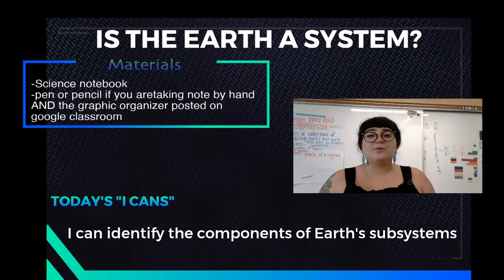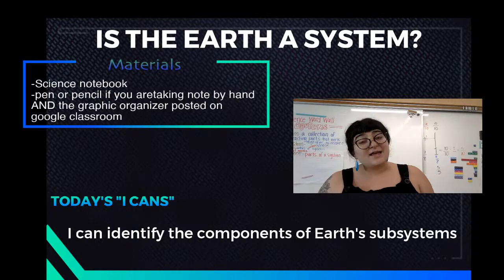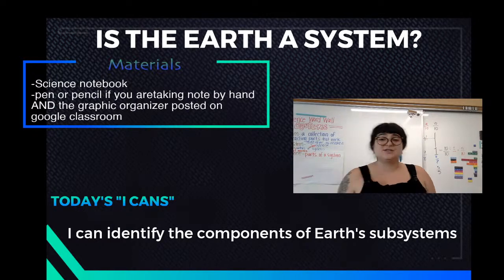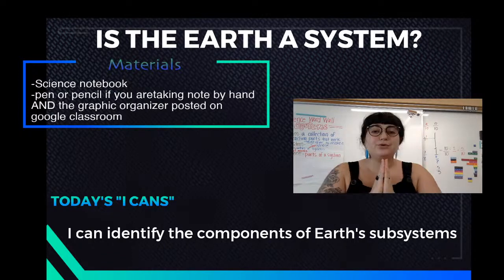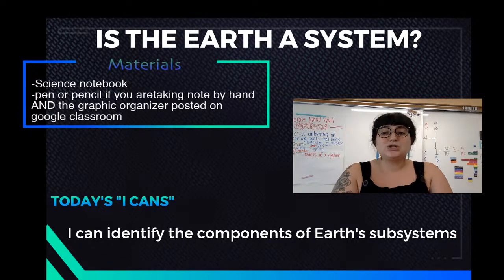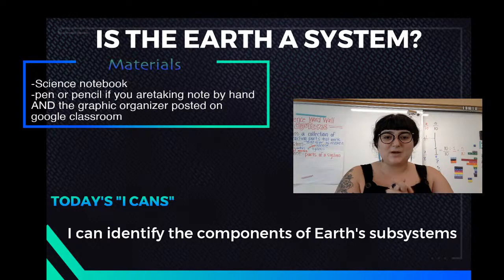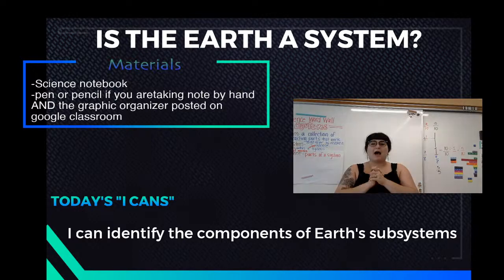Before we get started with our lesson for today, please make sure that you have your science notebook. I did post a graphic organizer on our Google Classroom for you to use during this lesson, so take a moment and locate that graphic organizer. That is going to be what we are taking notes and doing our writing in today.